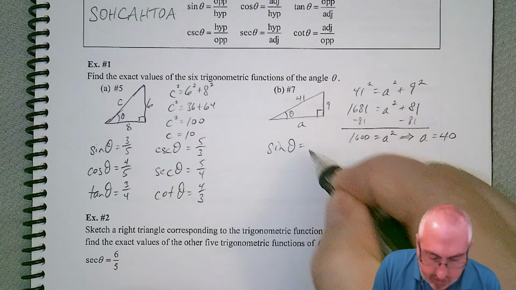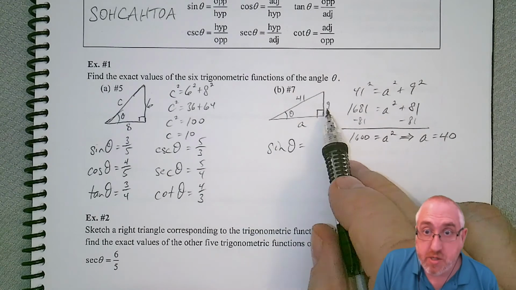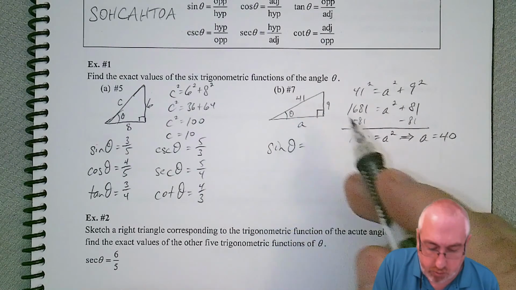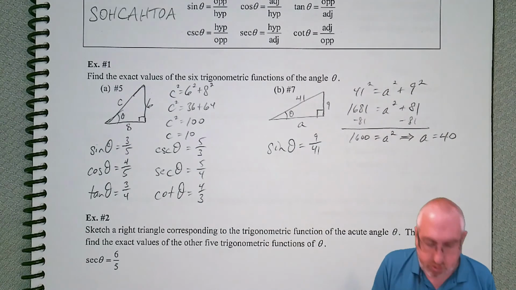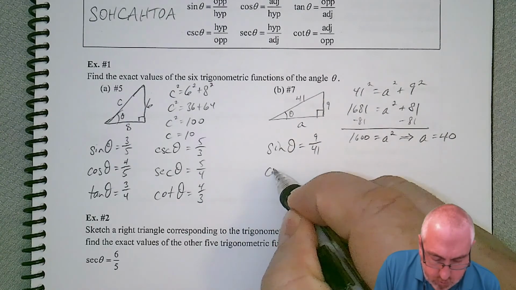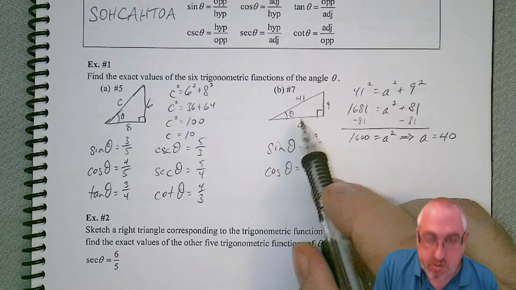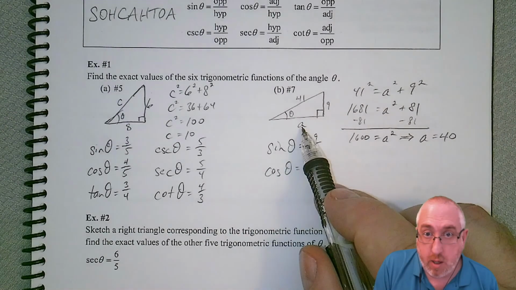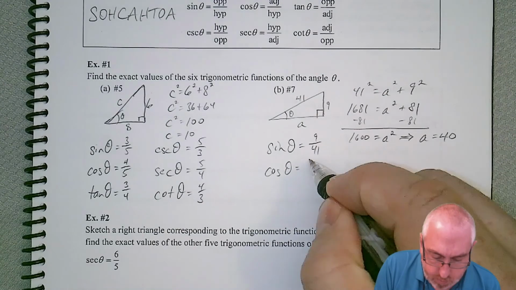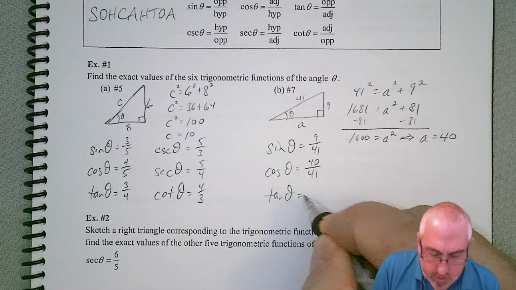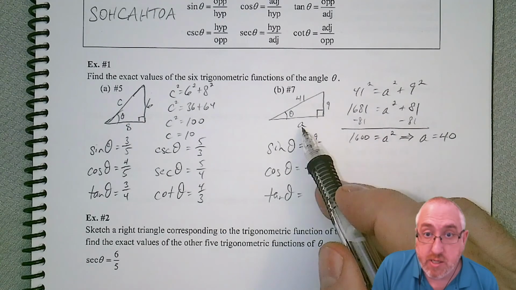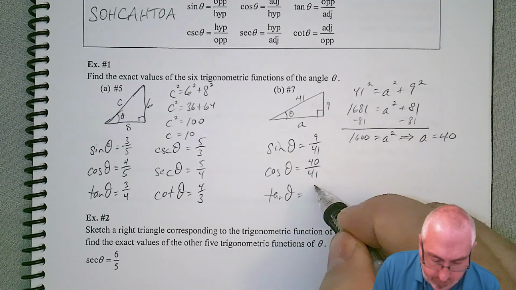So the sine should be opposite, which is 9, over your hypotenuse, which is 41. This one we can't really reduce. Cosine, adjacent, which is 40 over 41. Tangent, opposite over adjacent, so 9 over 40.